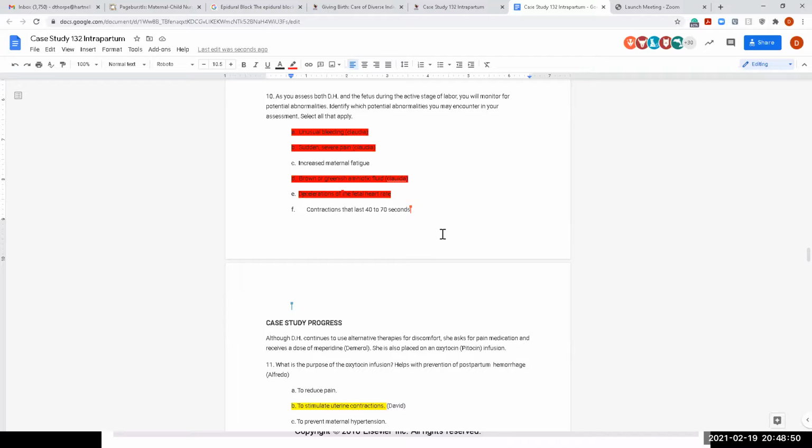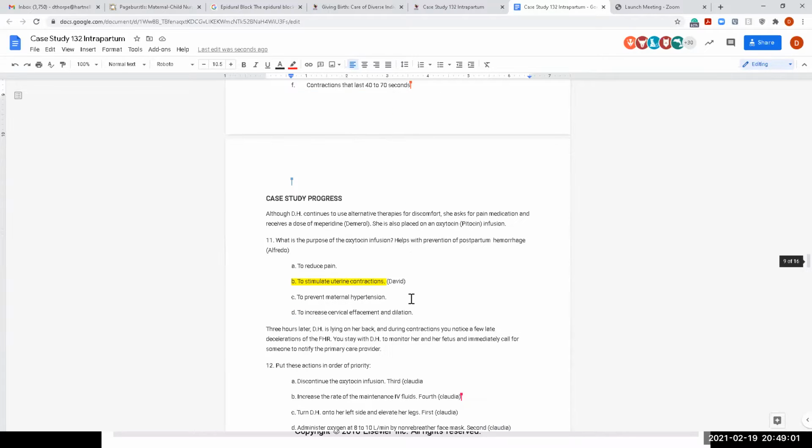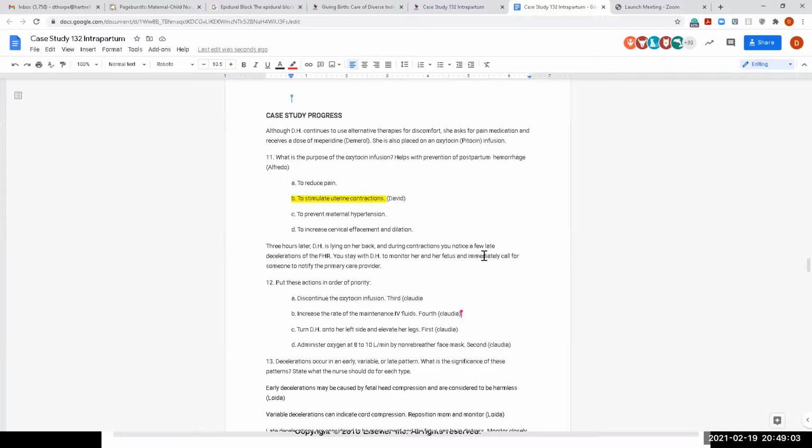It's just not going to push the baby out. So an increased maternal fatigue, well, it's not really abnormal. I tell these moms it's the hardest workout you've ever done, so they are going to be fatigued. Okay.